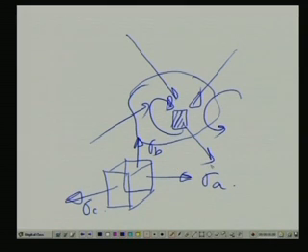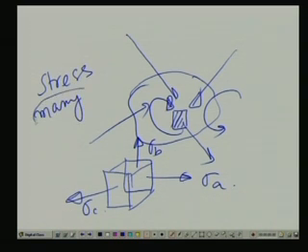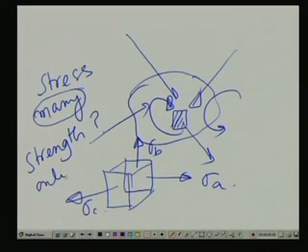So we have a multitude of stresses, but what do we understand by strength? Strength is only one, say the yield point. There are many stresses at different points, but there is only one strength of that material.